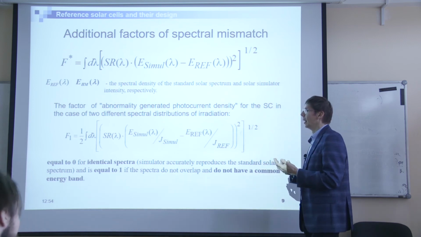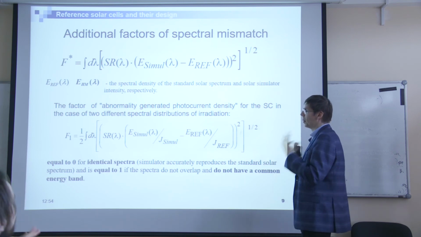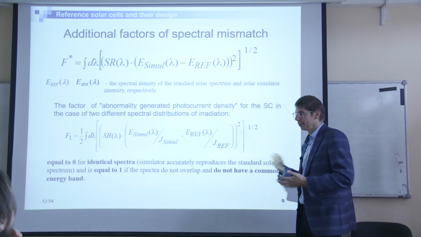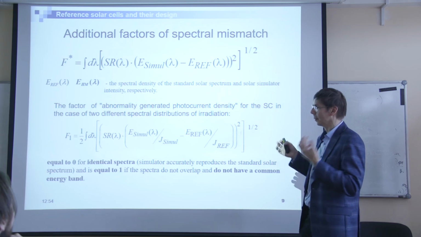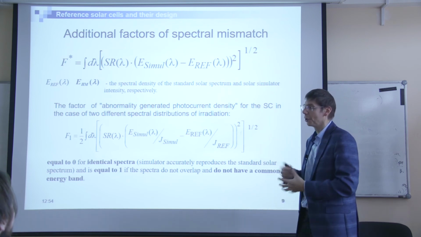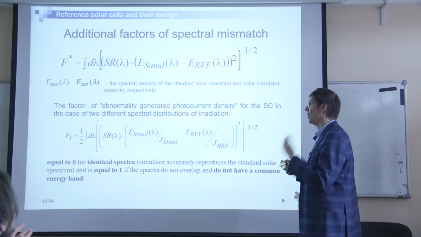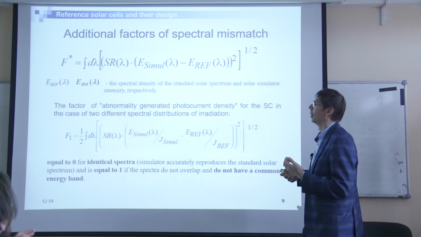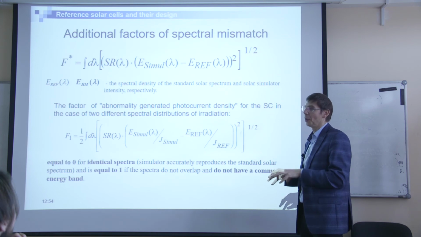It's just to estimate not only the difference between a simulator and the reference spectrum. You can say, okay, we can just have a look at the spectrum and realize, even make some comments, taking in mind the spectral distribution of each solar cell, but this parameter is really useful to make not a qualitative but a quantitative estimation.